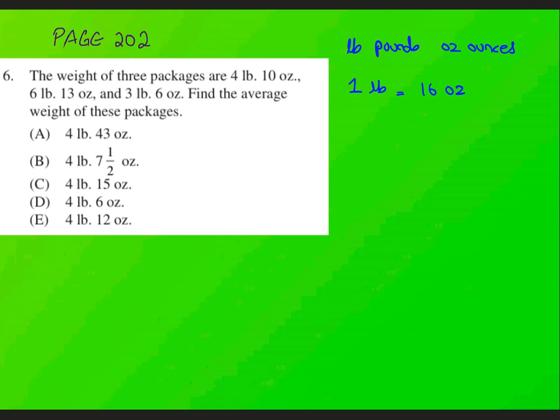What I'm saying is, if I take the average of 4, 6 and 3, that's the number of pounds I've written. So this average is 4 plus 6 plus 3 is 13 upon 3. So basically this is 4 whole 1 by 3 pounds, which also means this is 4 pounds plus 16 upon 3 ounces. 16 upon 3 because this is the conversion.